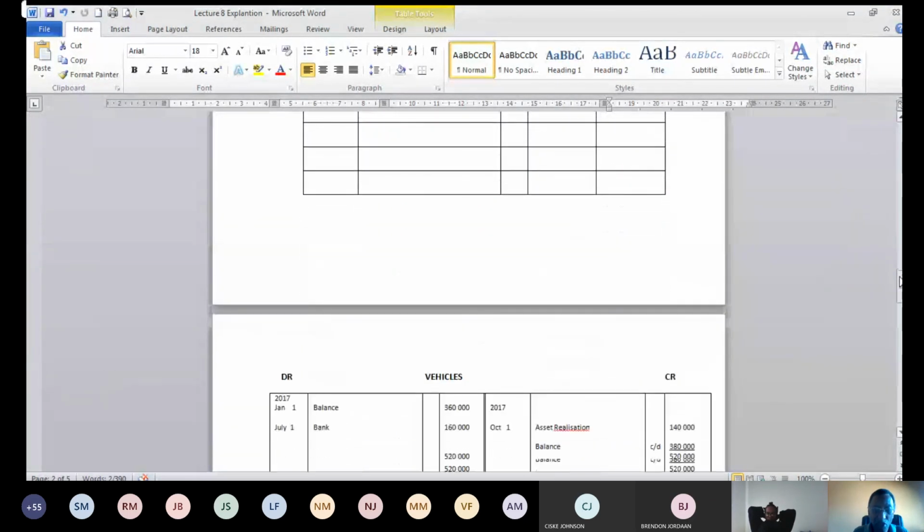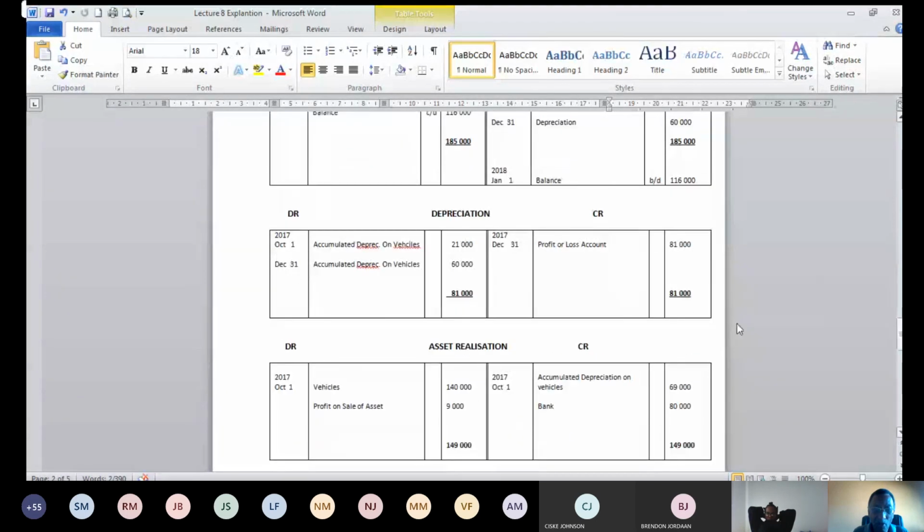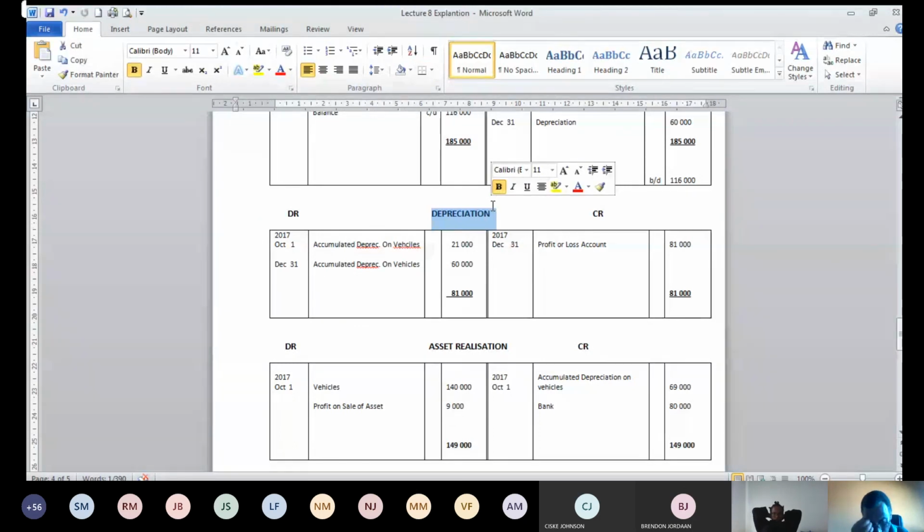So if I go back to my depreciation account, there's a 21,000 that I record on the 1st of October. There's a 60,000 Rand that I record on the 31st of December. So my expense is 81,000 Rand. Depreciation is a nominal account, one of my expenses.